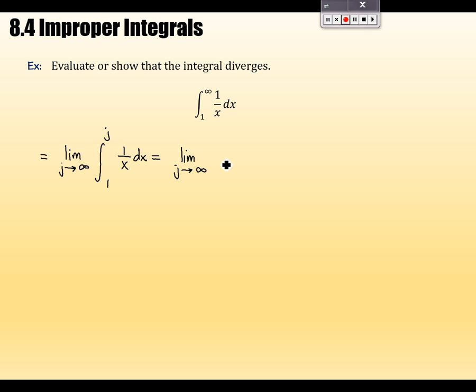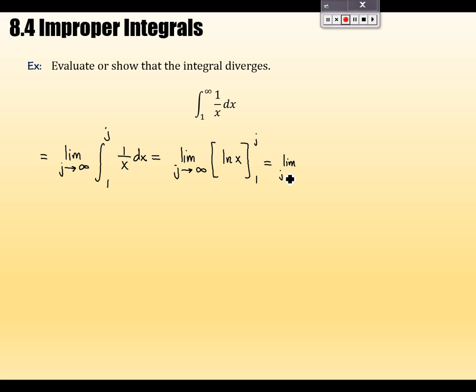Because what's the antiderivative of 1/x? Yeah, and by the way, why is it okay if I just say ln x and not ln of absolute value of x? Because it's 1 to J. Why is there no need for absolute values there? Yeah, because we're only ranging over positive values for this integral.